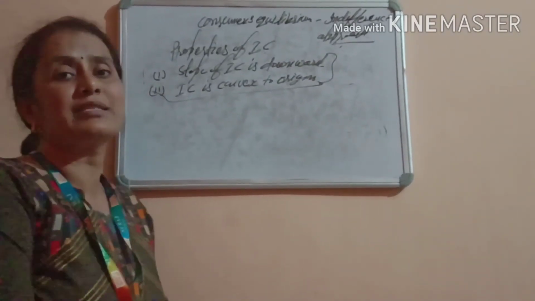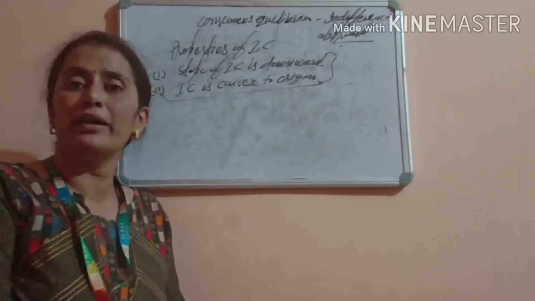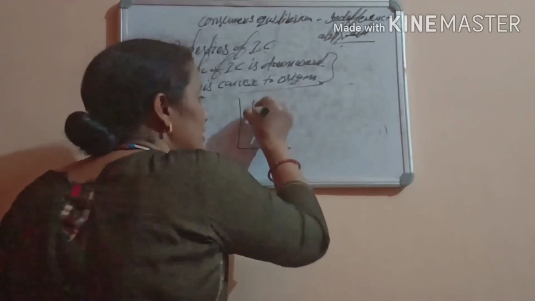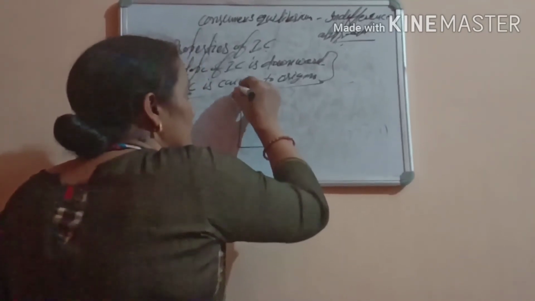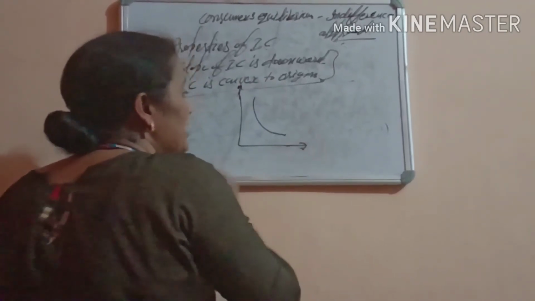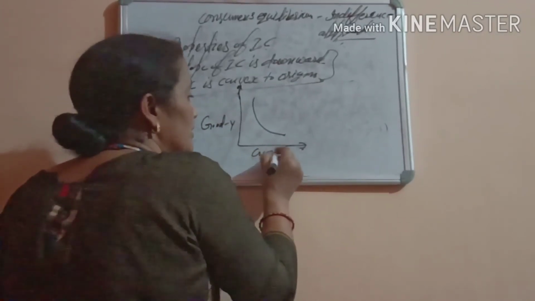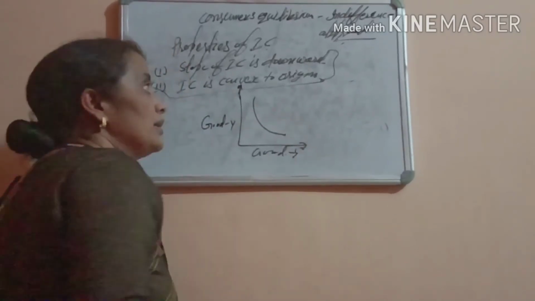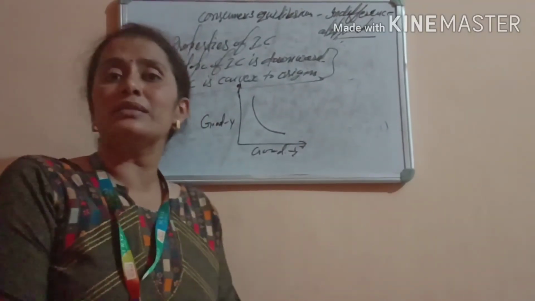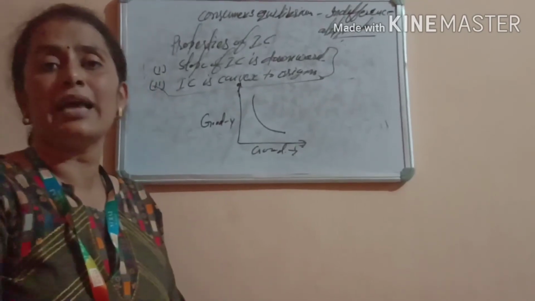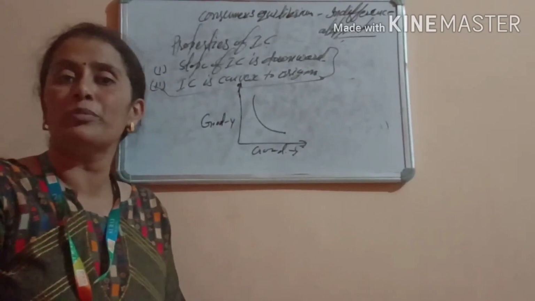The first is IC slope is downward. Why? Because it shows the negative relationship between good X and good Y. If the consumer wants to increase the consumption of one commodity, then he sacrifices some units of another commodity.